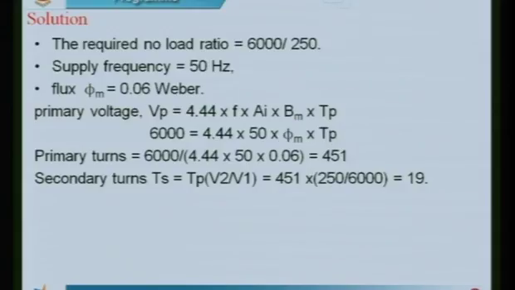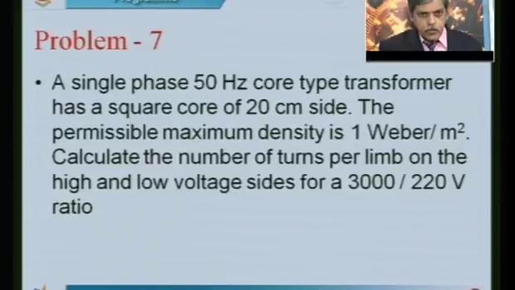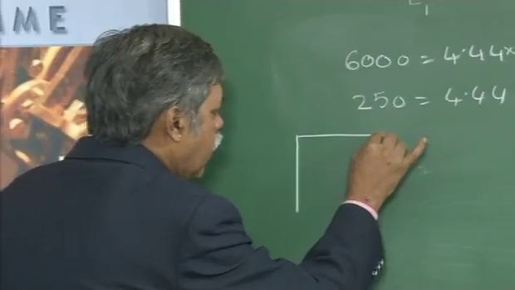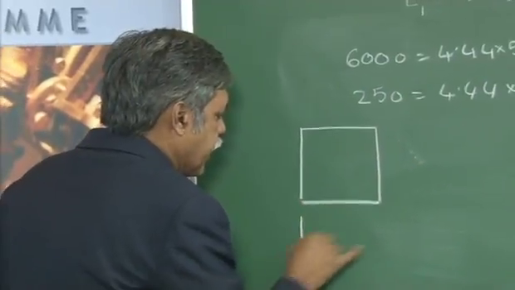Only thing is you have to consider the given ratio as the voltage ratio for the transformer. So this is a similar type of problem, but here he has not given the cross sectional area. He has given that this core has a square section with a side of 20 centimeters.